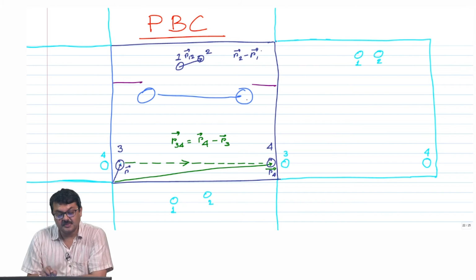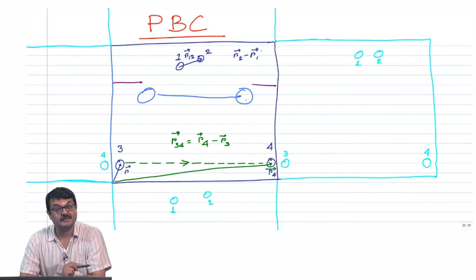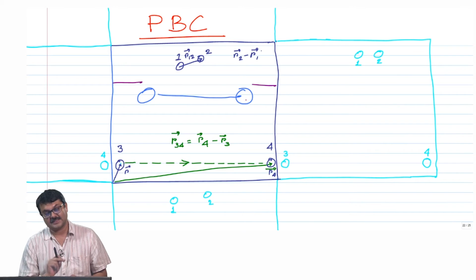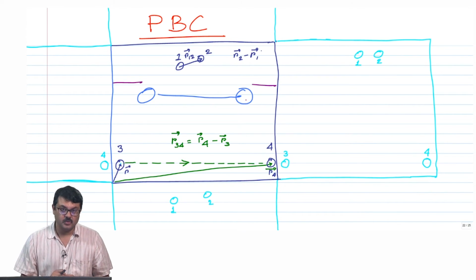So, if the distance between the two particles becomes greater than half the size of the box, or rather take the x direction, if the distance in the x component becomes greater than Lx by 2.